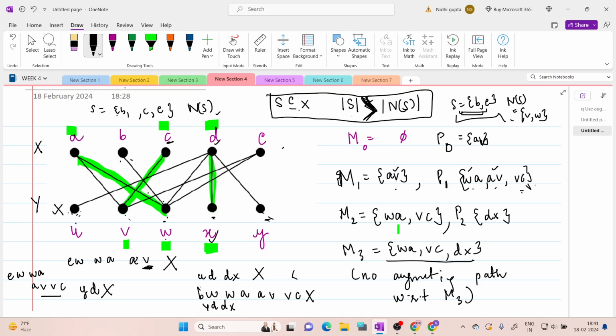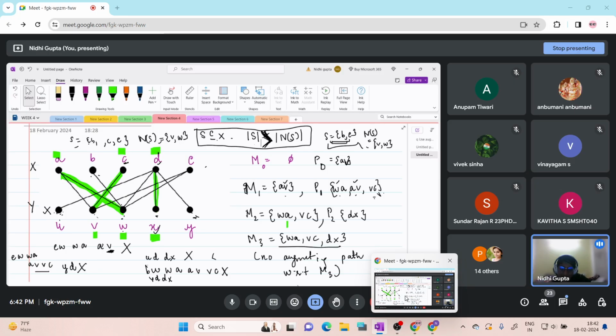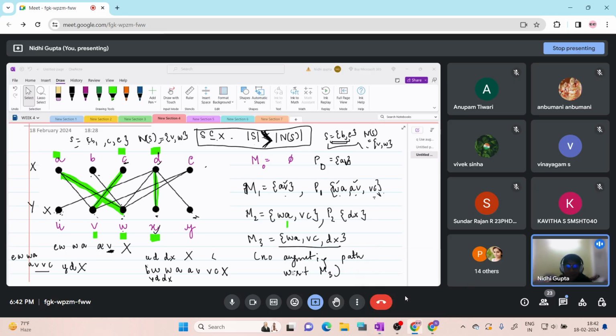V, W only, ma'am. Yes, good. So now it is satisfying this condition and therefore it is correct. So we see that using Hall's theorem also we are able to conclude that this won't have a perfect matching. Good.